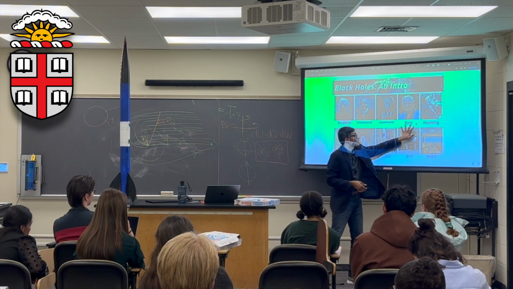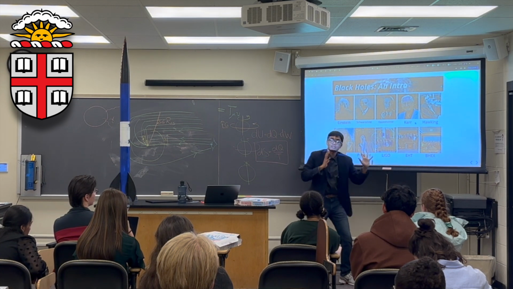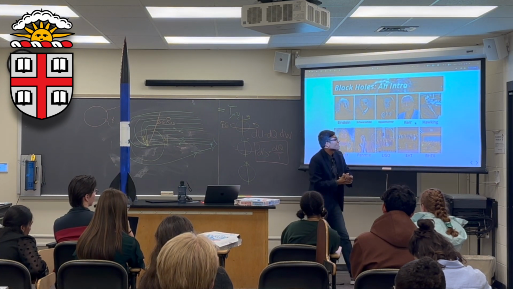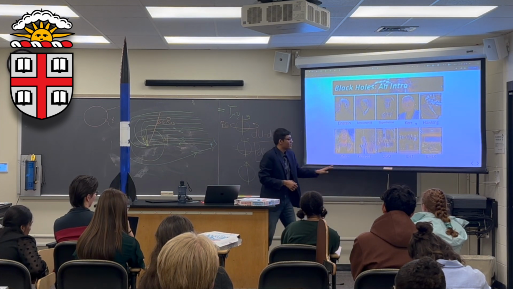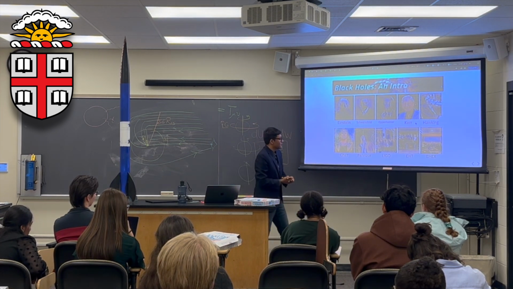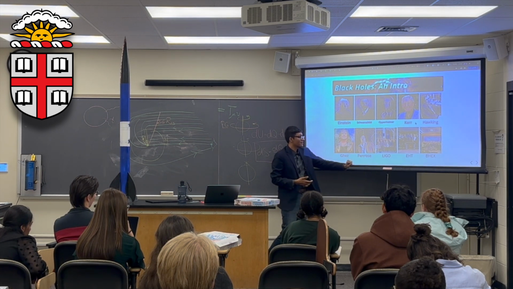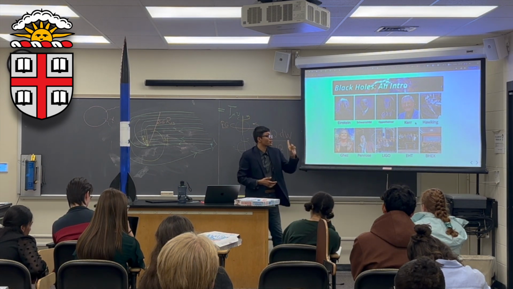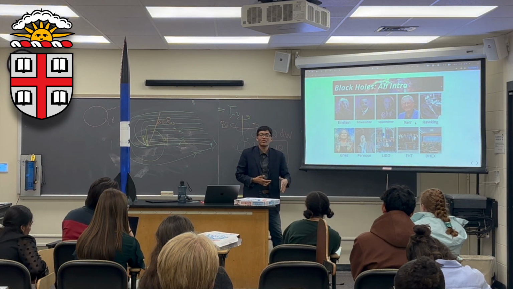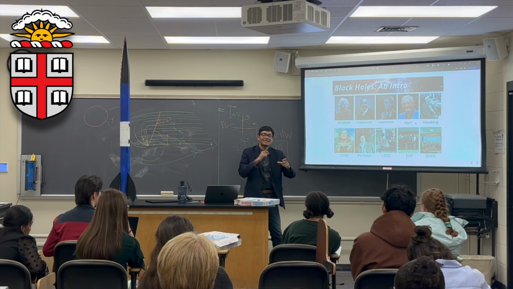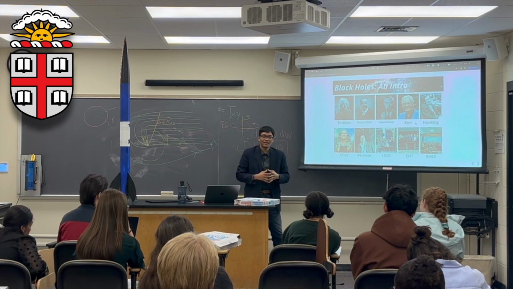Roy Kerr discovered a solution to Einstein's equation for rotating black holes. Hawking discovered that black holes have a temperature. Andrea Ghez discovered that there's a black hole at the center of our galaxy. Roger Penrose discovered that if you cross the event horizon, there's nothing you can do to stop going into the singularity, because space and time actually flip inside of a black hole.